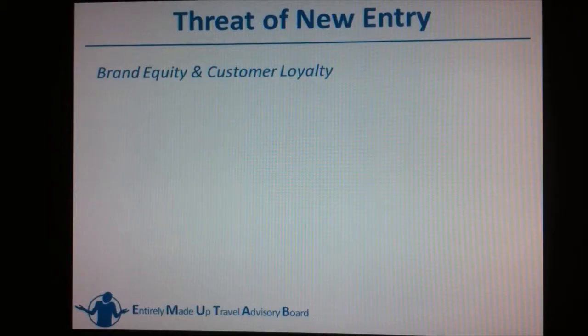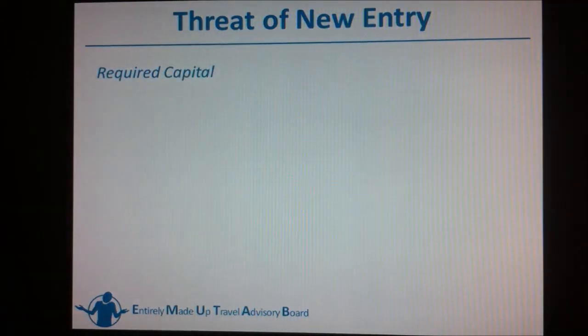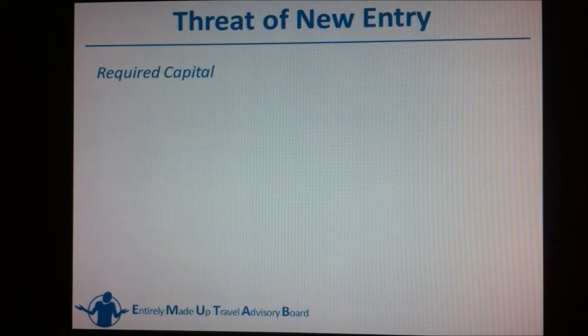A firm that operates in a market where brand equity is highly rated and customers develop deep loyalties to these brands typically is not susceptible to haggling. For this reason, haggling in shopping malls is not recommended for the amateur. Likewise, firms that operate in markets with large capital requisites also do not easily succumb to haggling.